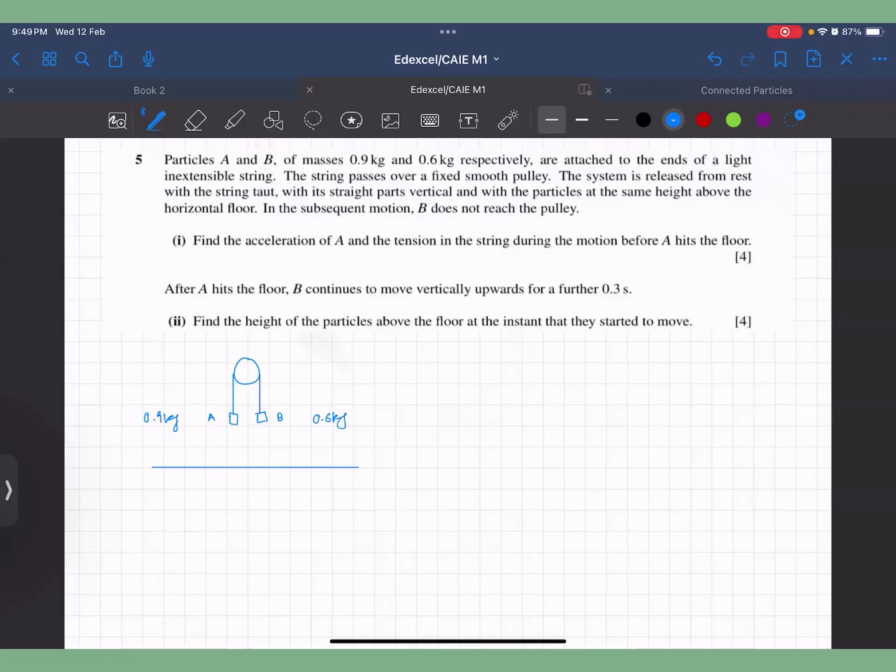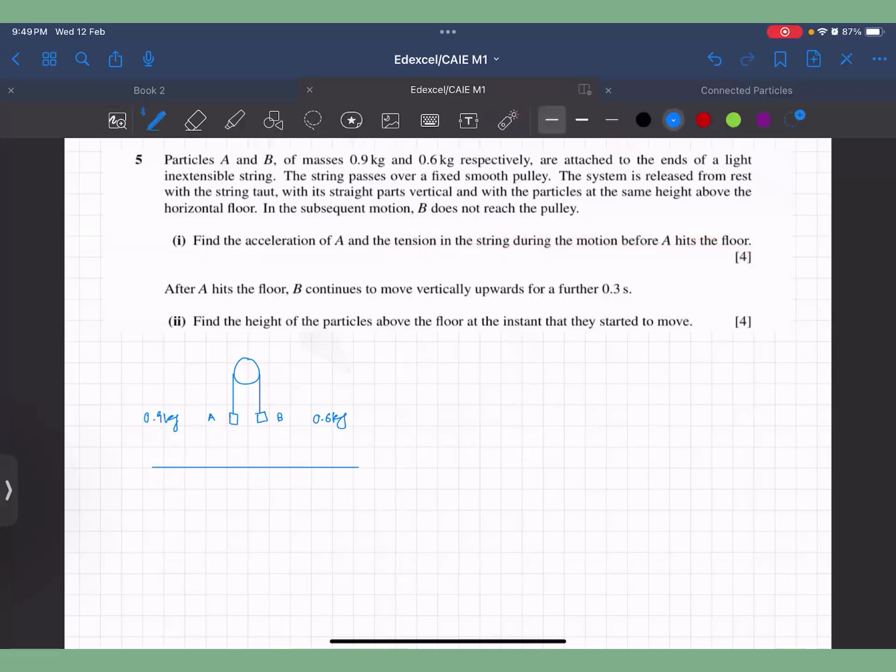In the subsequent motion, B does not reach the pulley. By this sentence, they have already given us the assumption that B is going up and A is going down, because A has the greater mass. They are asking us to find the acceleration of A and the tension in the string during the motion before A hits the floor.